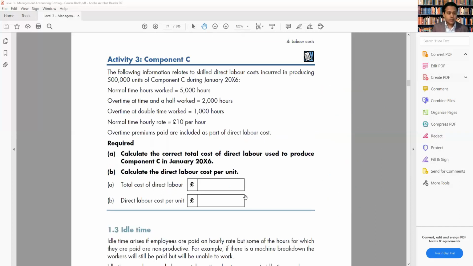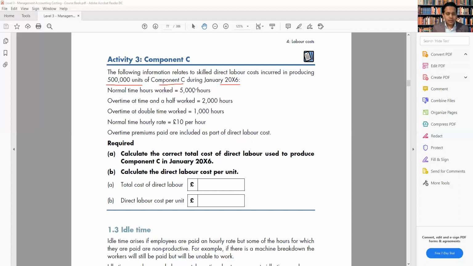Let's do the next one, activity 3. It says the following information relates to the skill level cost incurred in producing 500,000 units of component C during January 2006.